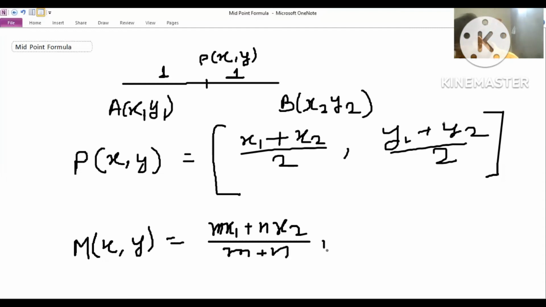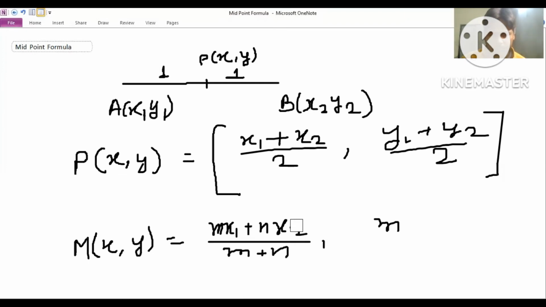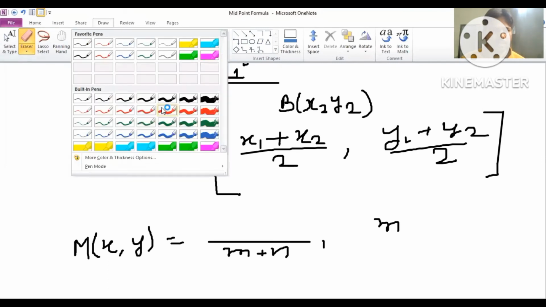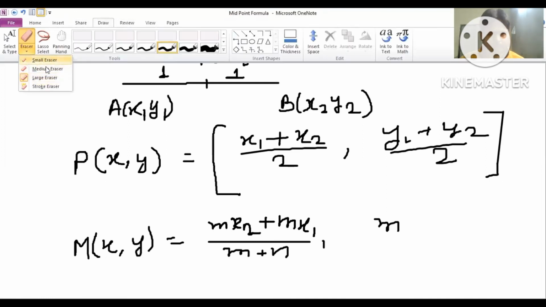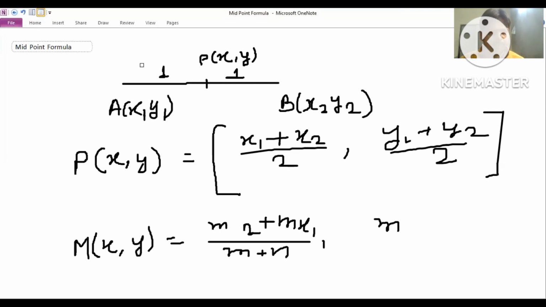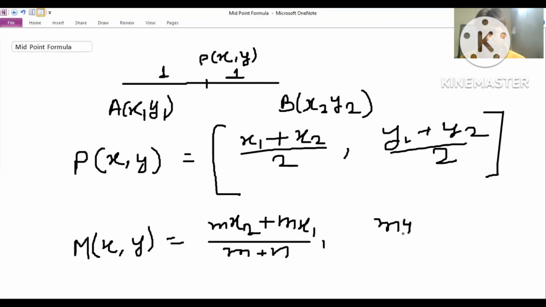And for the y coordinate we apply the same thing: m multiplied by y2 plus n multiplied by y1 upon m plus n.